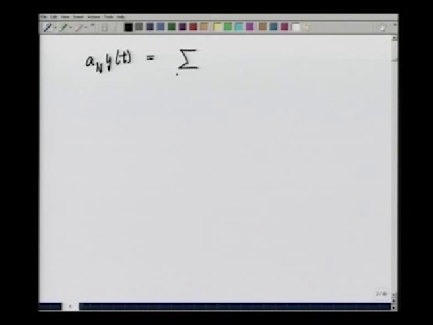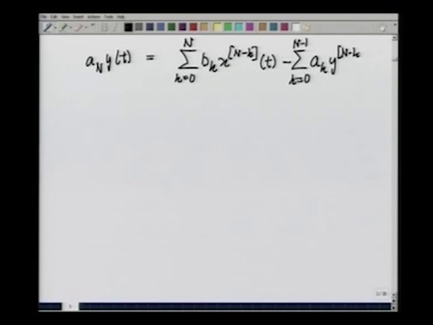the entire expression on the right side, that is summation k equals 0 to n b k x n minus k of t minus summation k equals 0 to n minus 1 a k y n minus k of t.